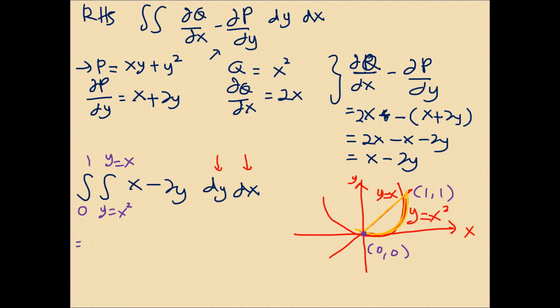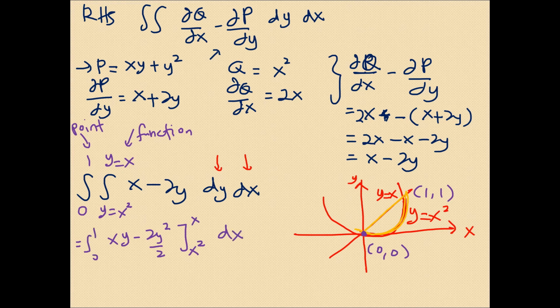Remember, the inner limits have to be in terms of functions, and the outer limits have to be points. Now integrate: xy minus 2y squared over 2, from x squared to x, dx, with limits 0 to 1 outside.